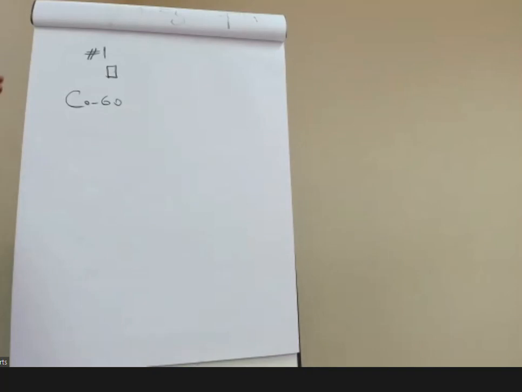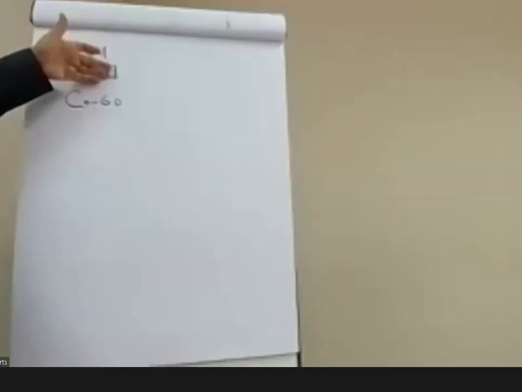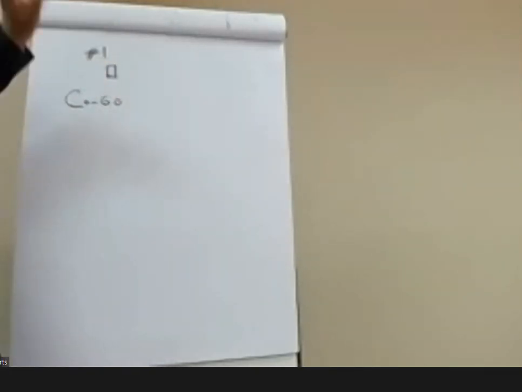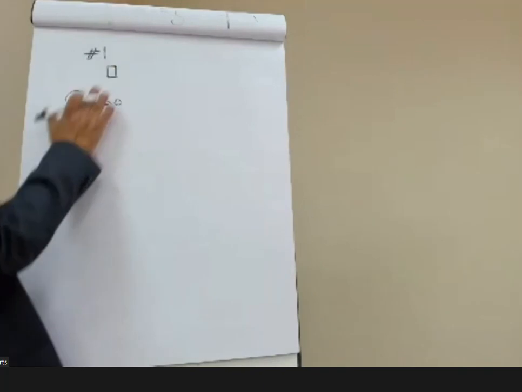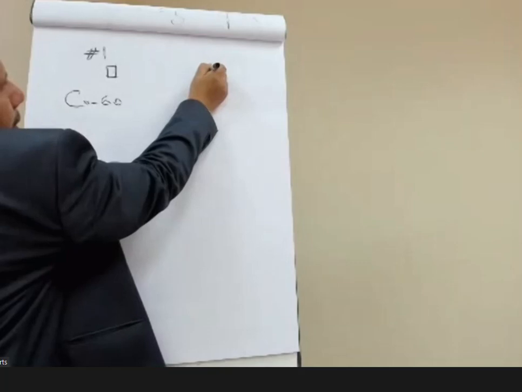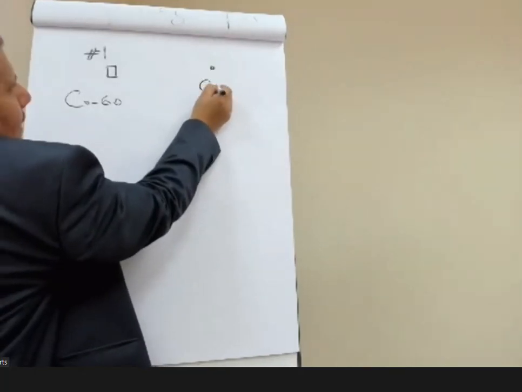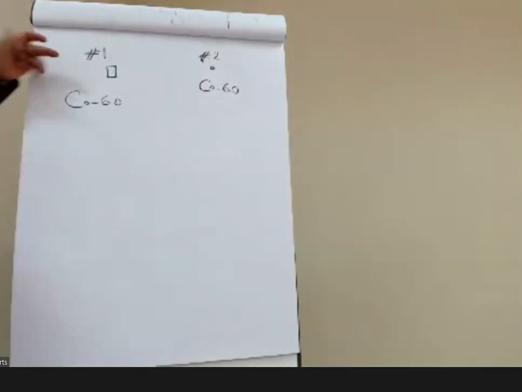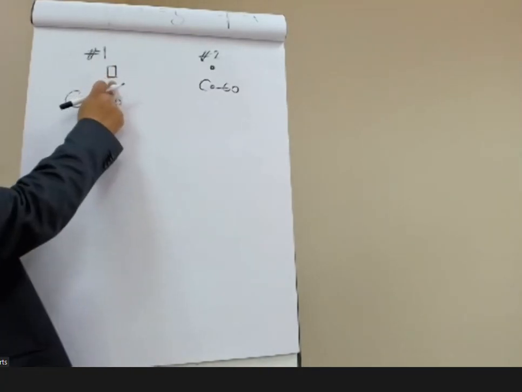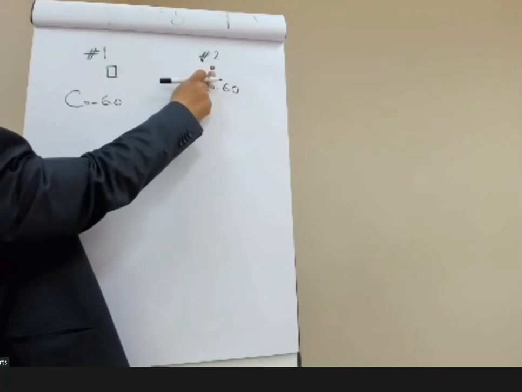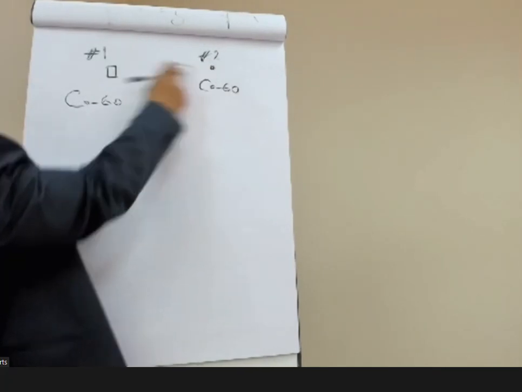I have this amount, assume 1 gram, which has about 2 times 10 to the power 21 atoms. Number 2 is a big sample, this is a small sample, meaning we have here more atoms of cobalt 60, and here less cobalt 60 than this.